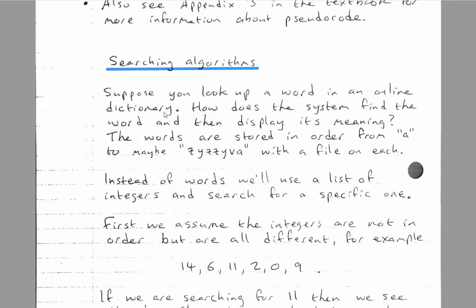This online dictionary is storing all its words in order, starting with A as the first word, to maybe this as the last word. So A to Z, lexicographic order.